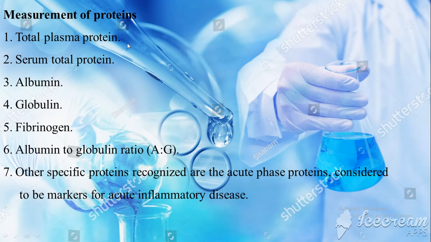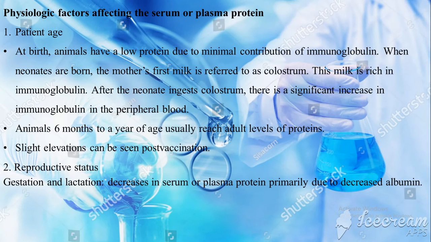The measurement of protein includes total plasma protein and total serum protein, albumin, globulin, fibrinogen, and albumin to globulin ratio, and other specific proteins used as acute phase proteins. There are some physiological factors affecting the serum or plasma proteins.